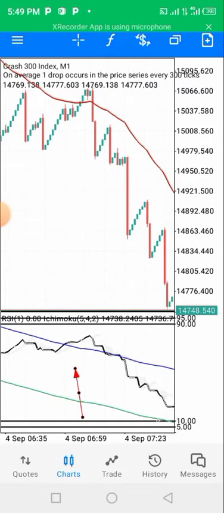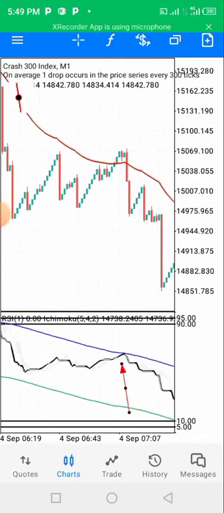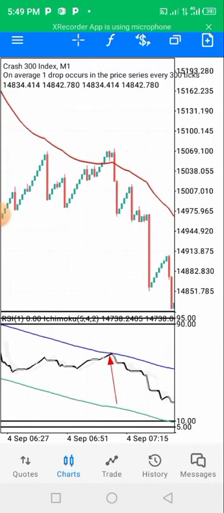You have to be patient enough and wait till you see this black line you're seeing here touching the blue line. If it doesn't touch, don't sell. Wait until it touches the blue line. The moment it touches the blue line, that's when you place your trade.